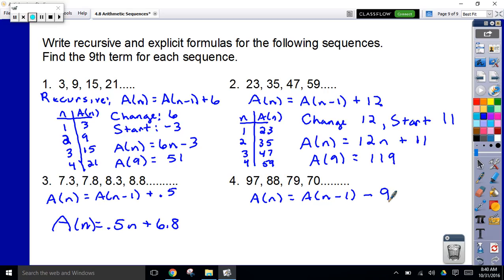Emma? Change is minus 9. Start is 106. 106, good. So in this case, since our change is minus 9, we have to add 9 to get to the term previous. Okay, so my formula? A of n equals negative 9n plus 106.